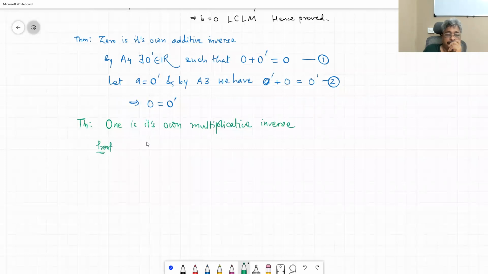If I want to use M4, then M4 suggests that 1 is not equal to 0, as there exists 1 dash belonging to R such that 1 into 1 dash is equal to 1.